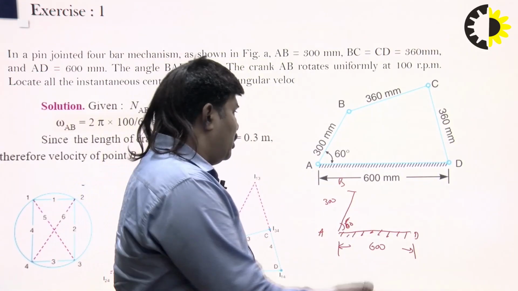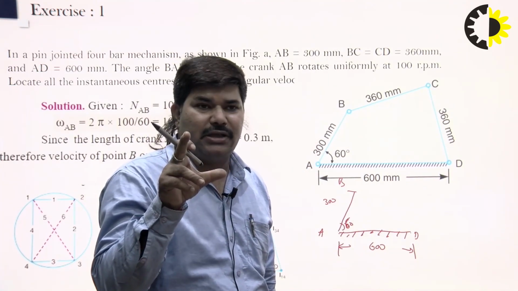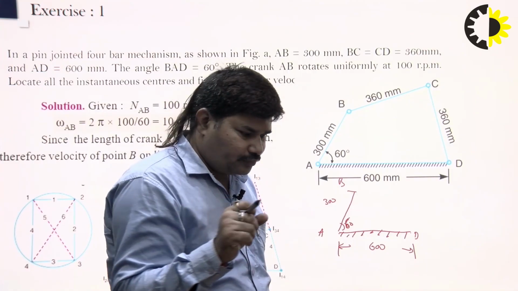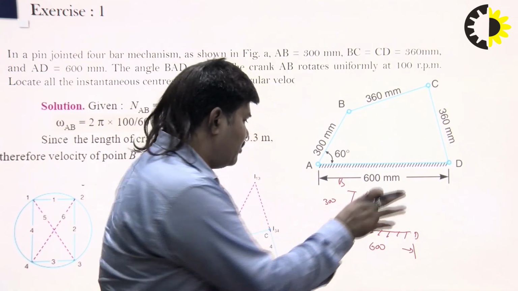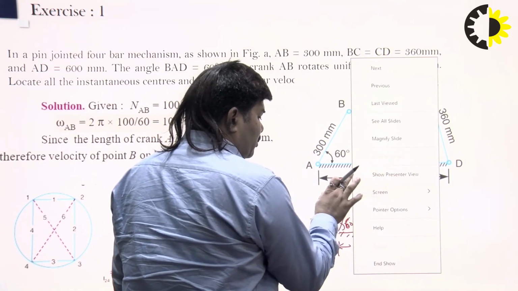So, you mark there, you take the distance in the compass, and you can mark here this angle, right?